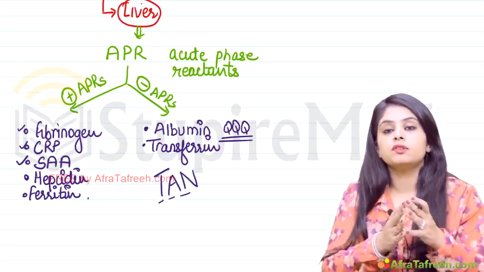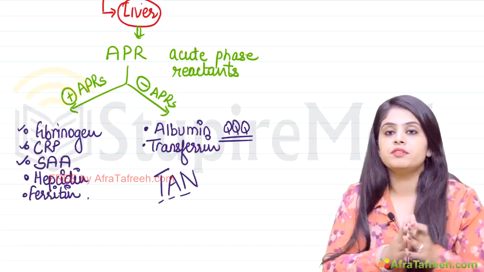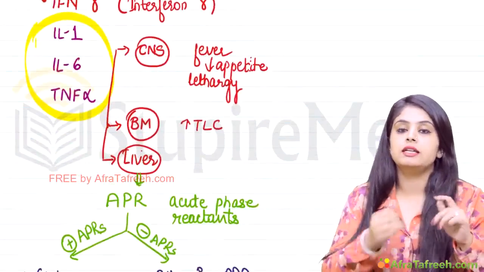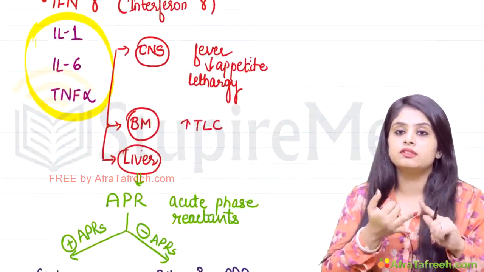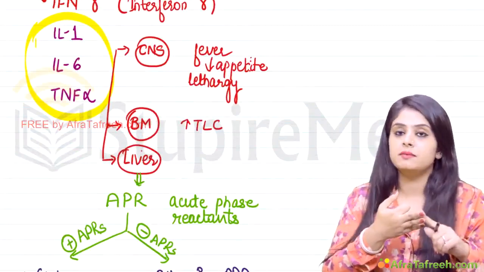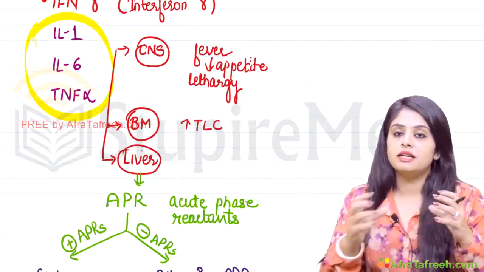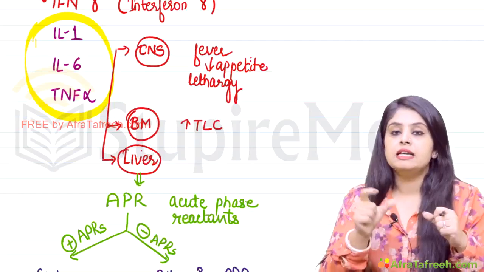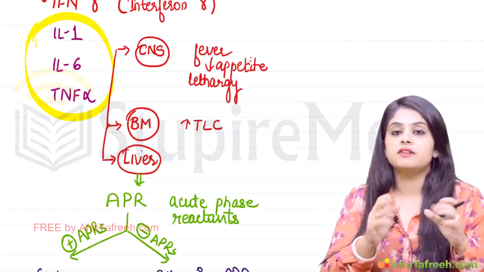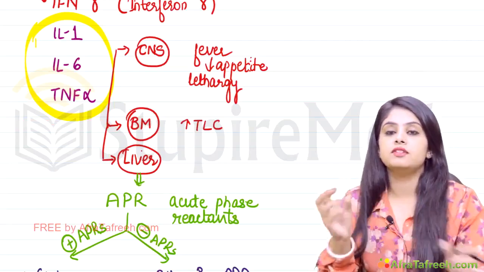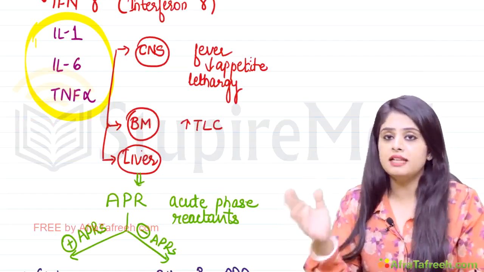So overall, if you want to summarize the cytokines till now, we have made a group of 3: interleukin 1, interleukin 6 and TNF alpha. They have some common actions, that is why we brought them up together. They will act on the brain, resulting in features like fever and decrease in appetite.